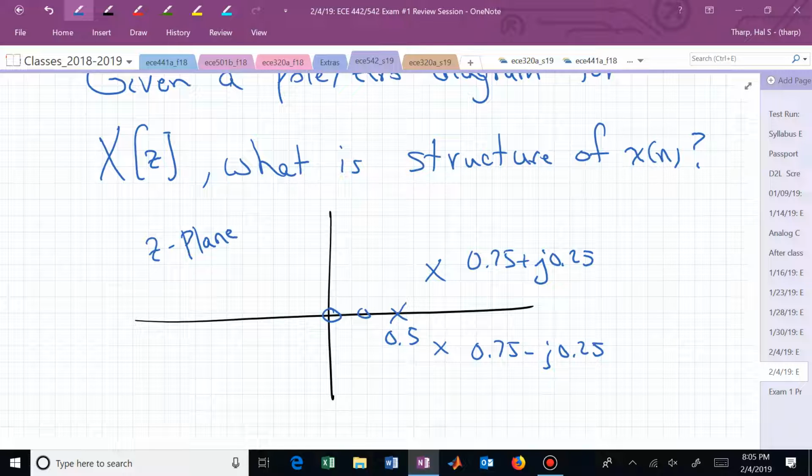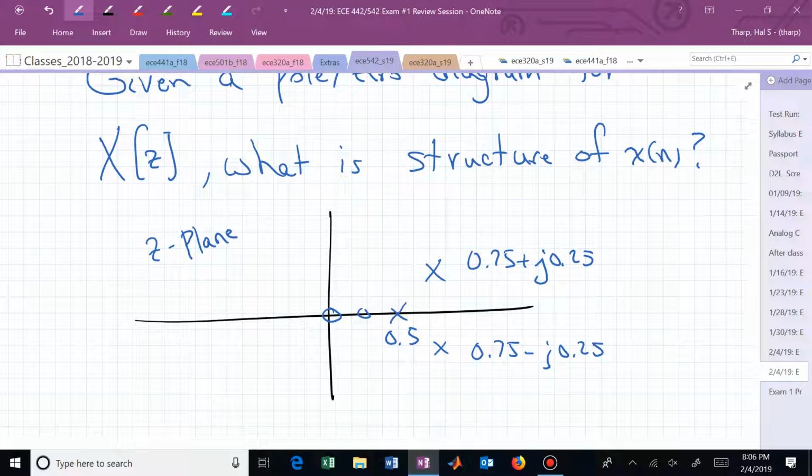It would be pure sines and cosines if they were on the unit circle, but since they're inside the unit circle, they're going to be exponentially damped sines and cosines. The angle or the argument in that sine and cosine depends on the angle of those poles, and the exponential damping depends on their radius away from the origin.